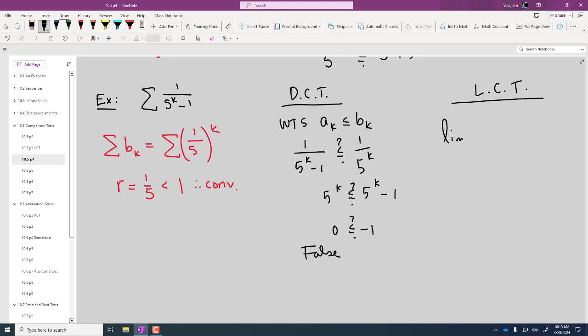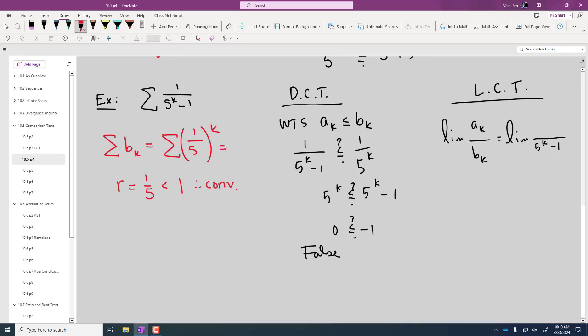And we're going to take the limit of a sub k divided by b sub k. And so that's going to be the limit. A sub k is the one we're analyzing. So 5 to the k minus 1 in the denominator. We're going to divide by the b sub k. The b sub k is exactly the same except the minus 1 is gone.